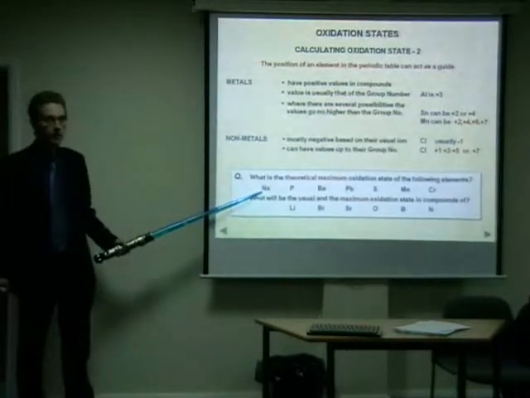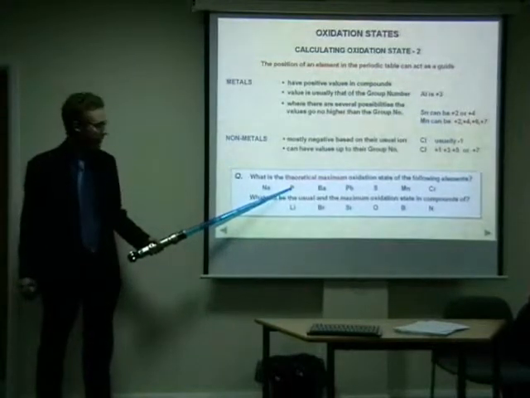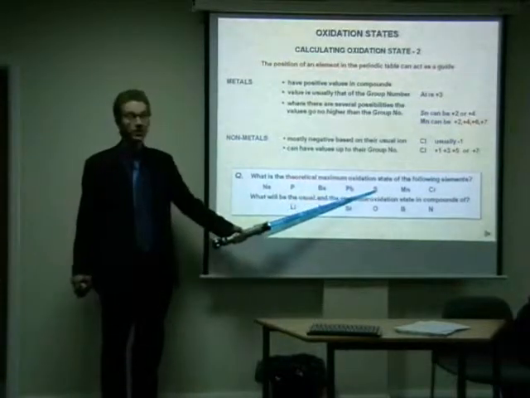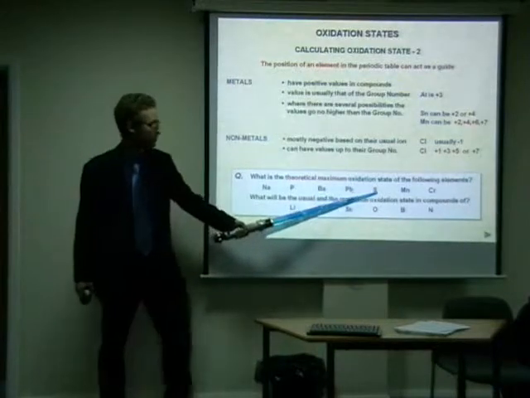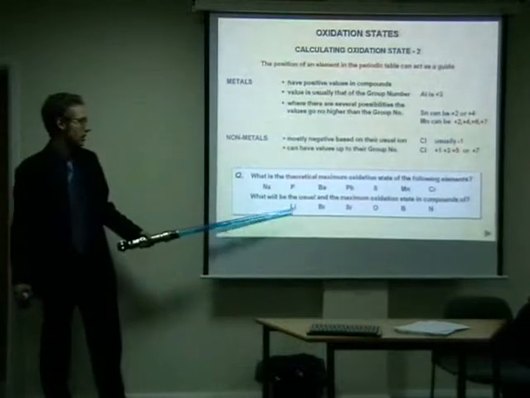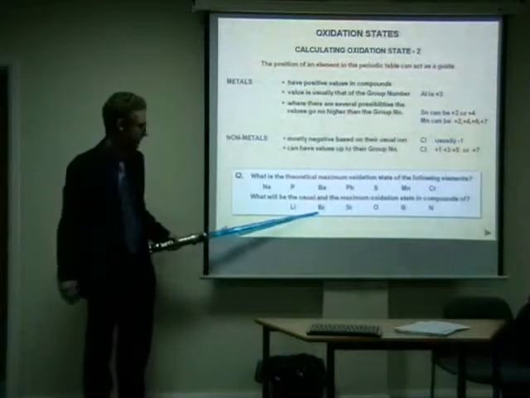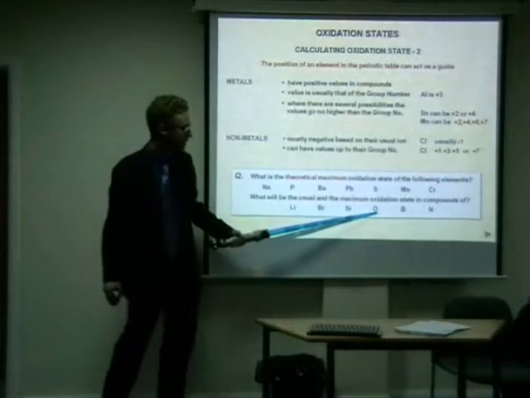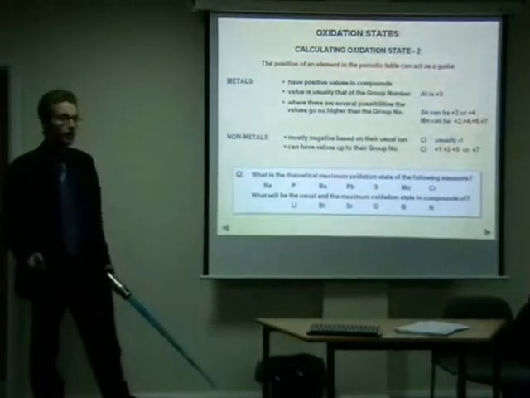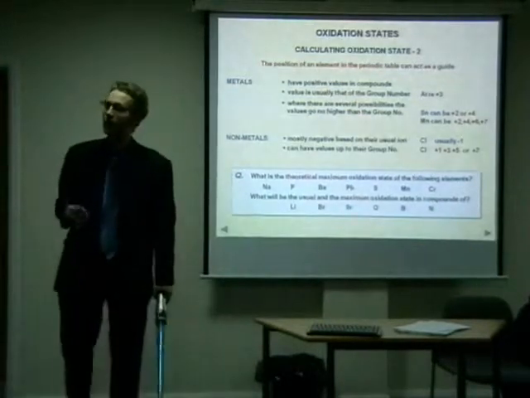This could be +1. This could be up to +5 or -3, +2, +4, +6 or -2, +7, +6, +1, -1, or +5, +2, -2, +3, +5 or -3. If you think about it in terms of nitrogen, it could lose 5 electrons or it could gain 3.